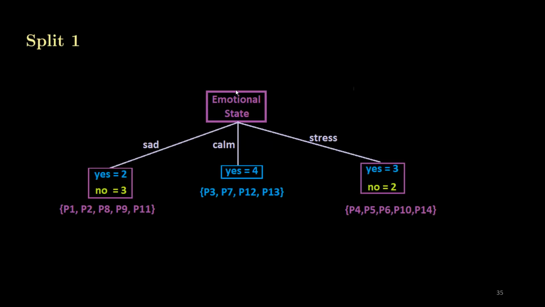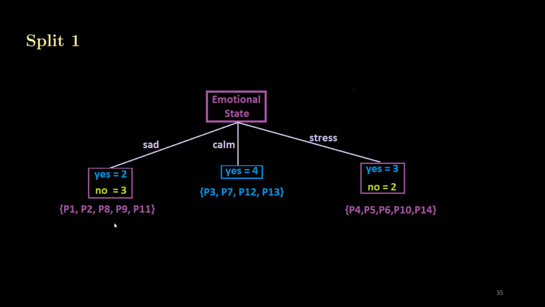We have already calculated that the emotional state is the most important feature, and it has three categories: sad, calm, and stress. Sad has 5 samples, 2 of which belong to yes and 3 to no. These are the total 5 patients: P1, P2, P8, P9, and P11.